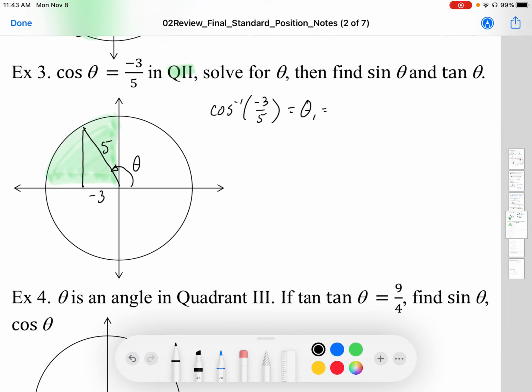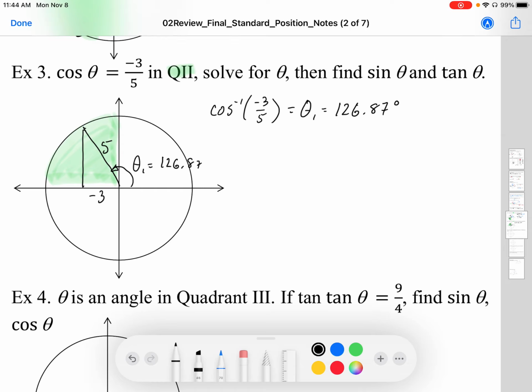We'll have to figure out which quadrant it's in, but negative 3 divided by 5 gives me 126.87 degrees. I'm just going to write that down before I forget. 126.87 degrees. Now that angle is in quadrant 2. So that is a correct angle. So the angle from my calculator happens to be the right angle.